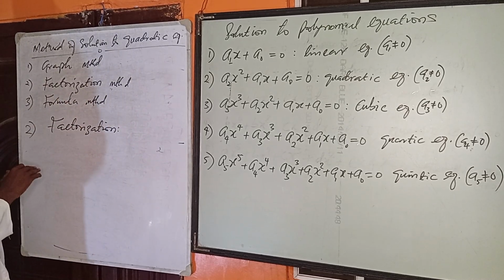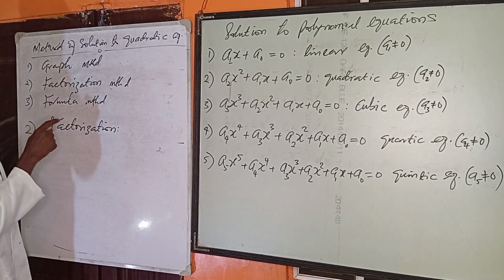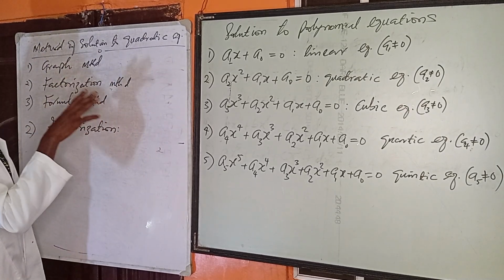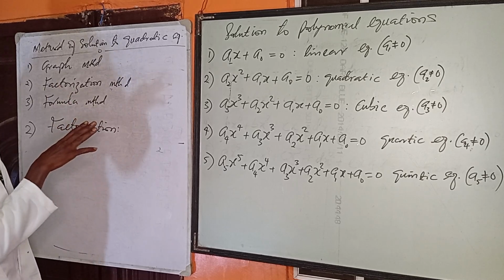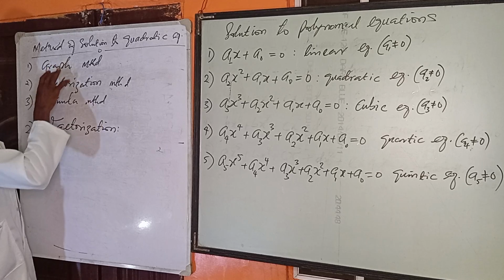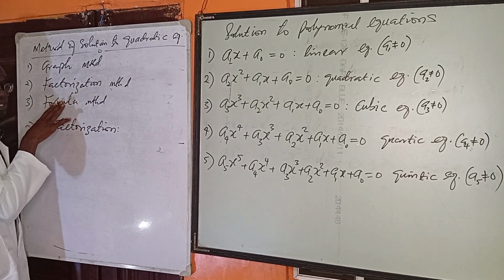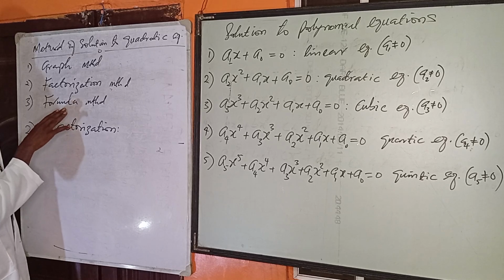Now, later, as we go on with this series of presentations on solution to polynomial equations, I will show you why one can comfortably say that we have only 3 methods for solving polynomial equations.